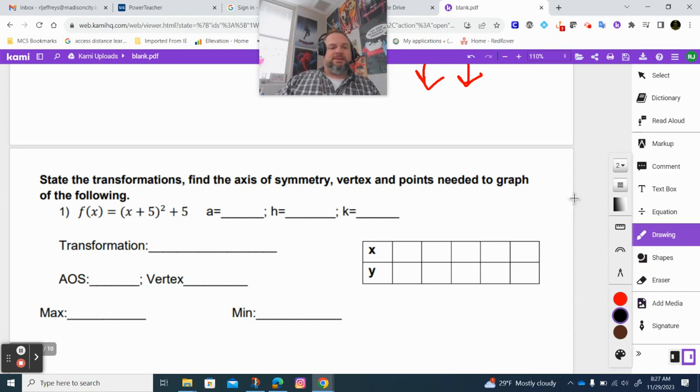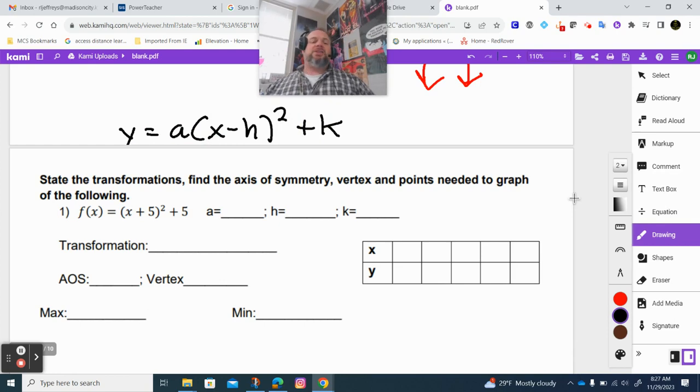Let's do this. y equals a(x minus h) squared plus k. If a is the number that's in between the equal sign and the parenthesis, what is the number that's between the equal sign and the parenthesis right here? 1.